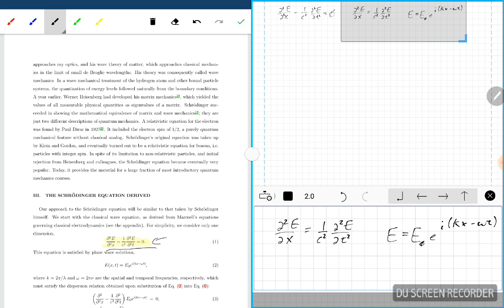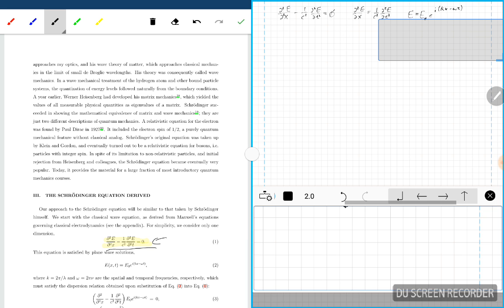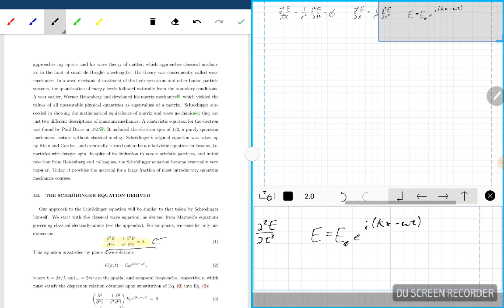So if we work that out, we can see that those are going to equal each other. If I take the derivative of an exponential, I get an exponential. So dE/dx is going to be the derivative of the inside, k, and then there's an i, times E naught e to the i(kx minus omega t).